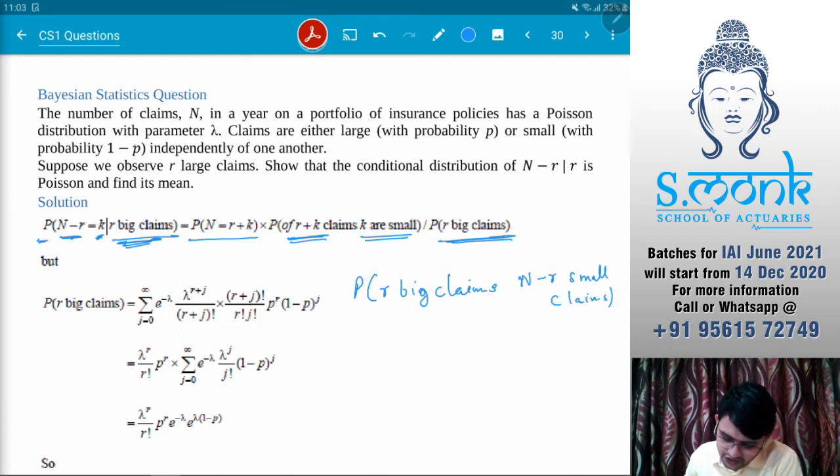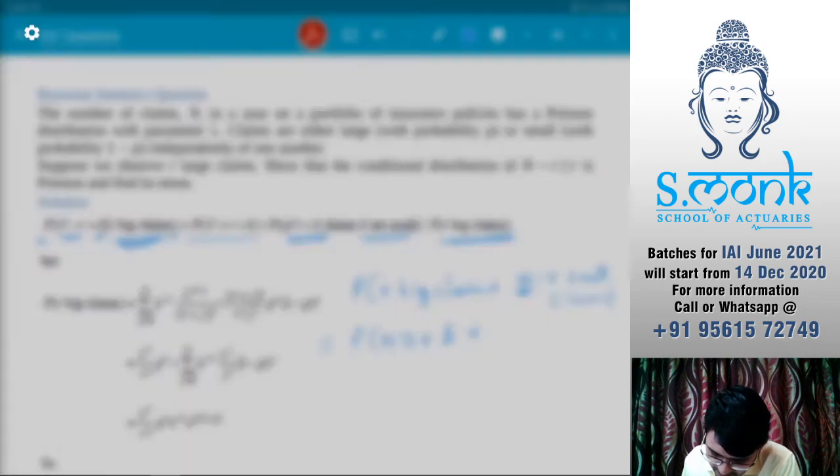So first of all, n follows a Poisson distribution, and our n should start from r values. So this is nothing but the probability that n is greater than or equal to r and we have r big claims.